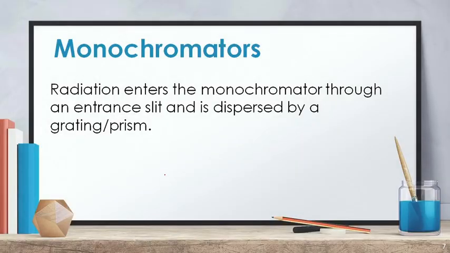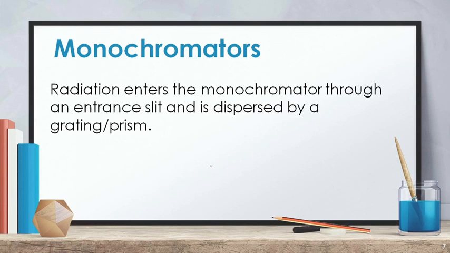Next one is monochromators. So what is a monochromator? The name itself indicates it. Generally the radiation source emits radiation in the form of polychromatic radiation. Here we place a monochromator for the purpose of converting polychromatic radiation into monochromatic radiation.